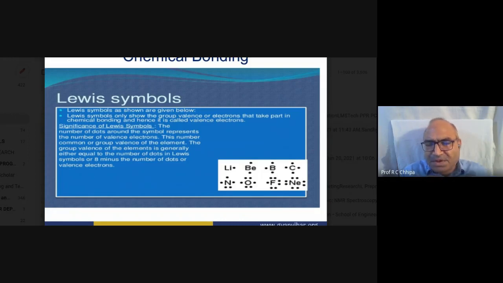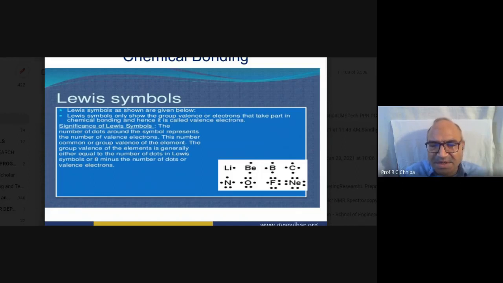Now the oxygen combines with the lithium. Lewis symbols only show the group valence electrons, the electrons that take part in chemical bonding, and hence they are called valence electrons. Valence electrons are the outermost electrons present in an atom.